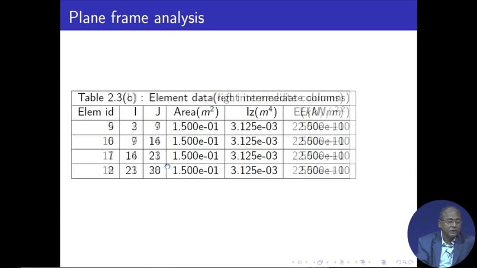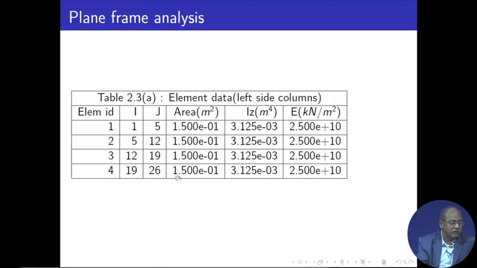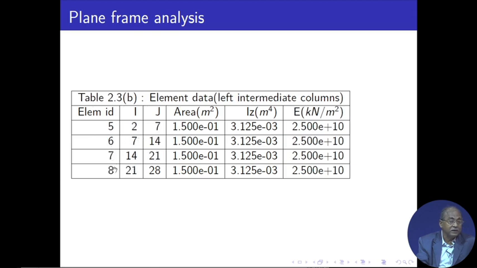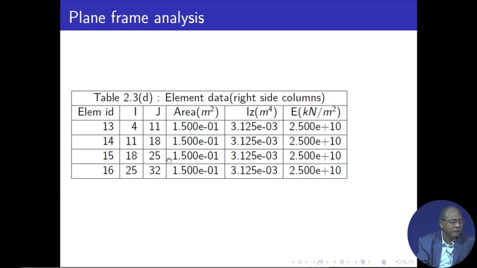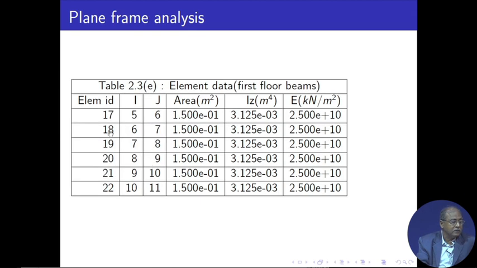Elements I have also given here, floor wise. The first column elements are 1 2 3 4, then 5 6 7 8, 9 10 11 12. So, I have given the connectivity, how the nodes are connected, then 13 14 15 16, 17 18 19 20.